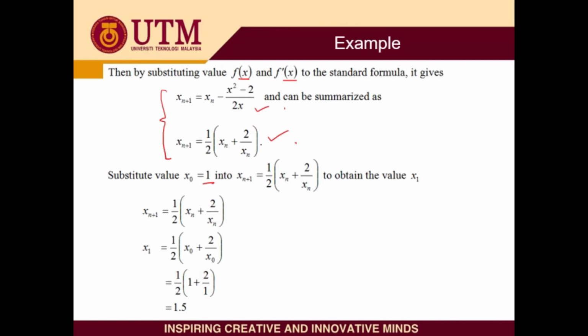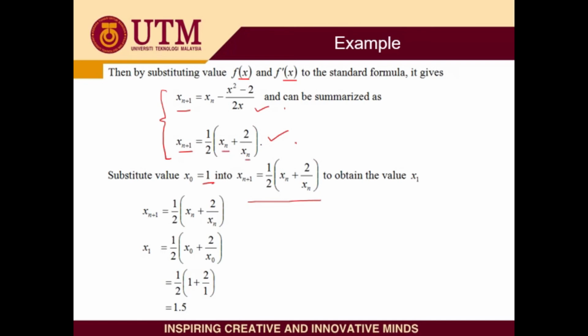In this question, they use the summarized version of the formula, and they put x0 into the equation. This formula is for x n plus 1, and if you use x0, this is xn.